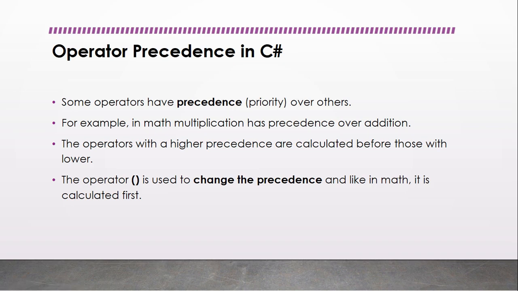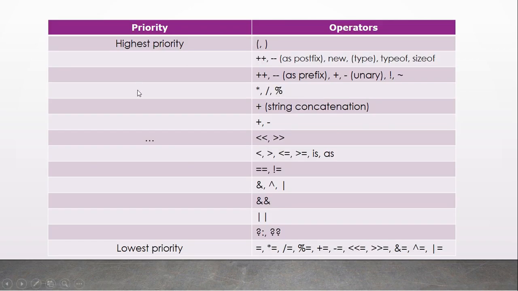The precedence in C# is the priority of operators one over the other. This is the priority of operators in C# from highest to lowest. This has the highest precedence in C#.